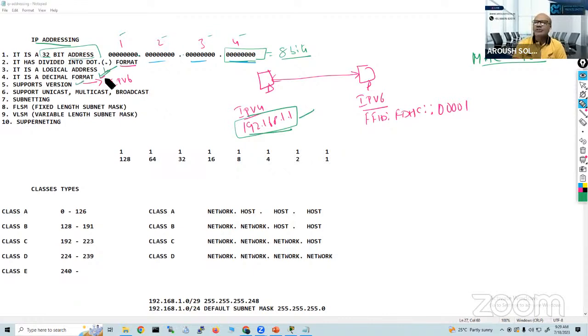In IP addressing we have 2 versions: IPv4 and IPv6. The IPv4 size is 32 bit, what we are discussing now. IPv6 is 128 bit.